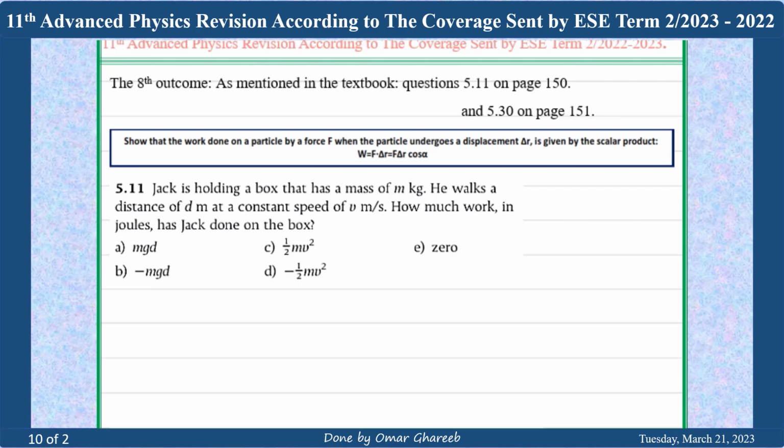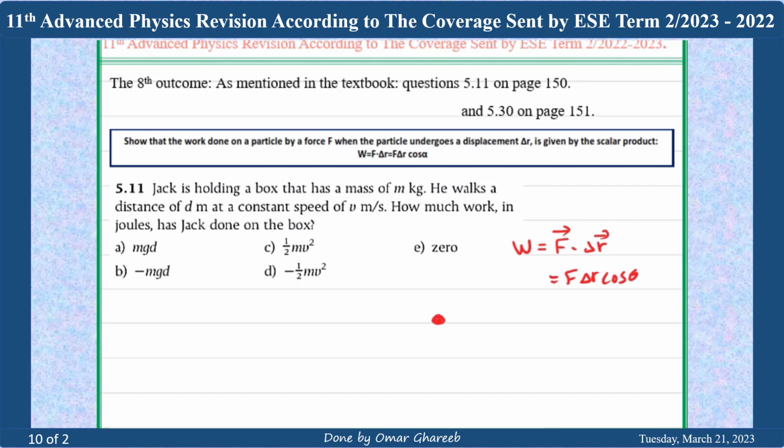First one is the work equals F dot delta R, or F dot dr, which is F delta R cosine theta.